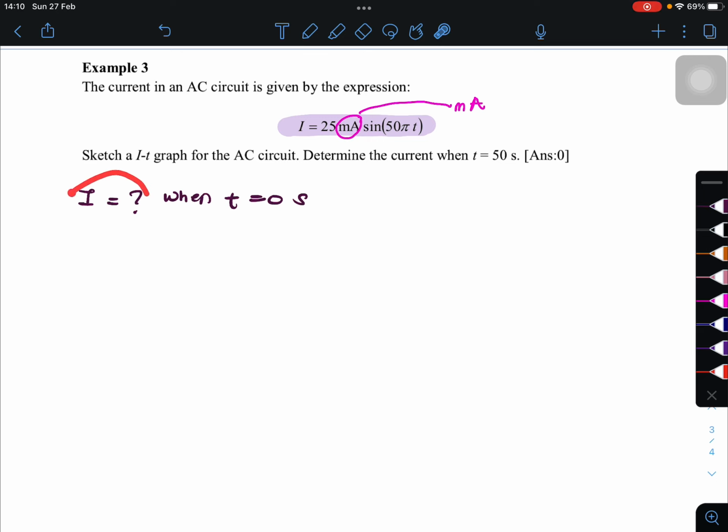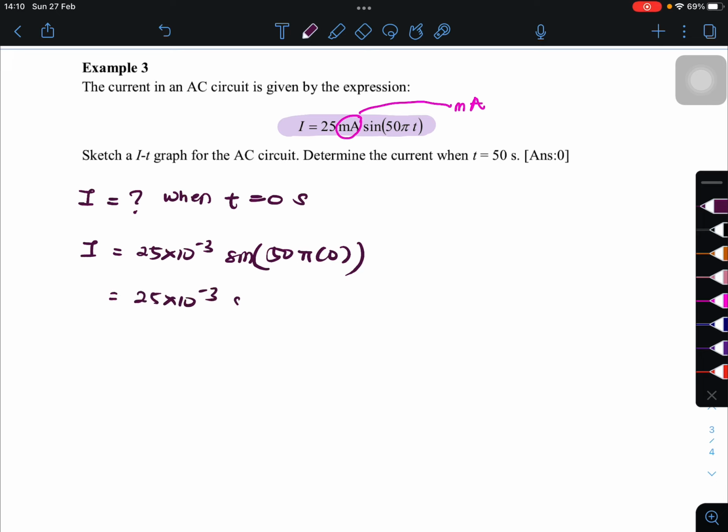So how do we find this? You just substitute the value for t into the original expression. So here just masukkan sin 50 pi, masukkan t, substitute t. So from here you will get 25 exponent negative 3 sin 0.